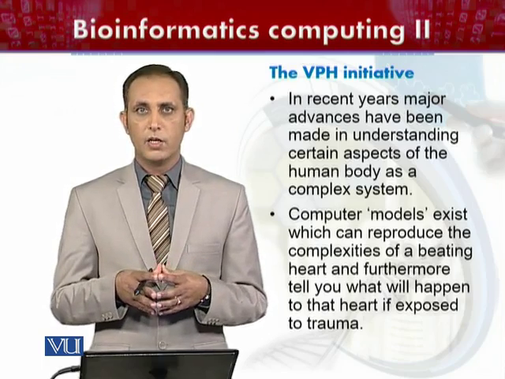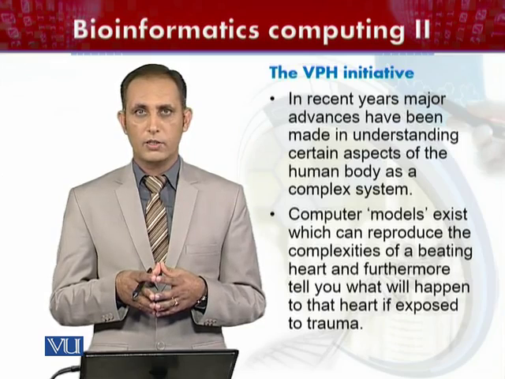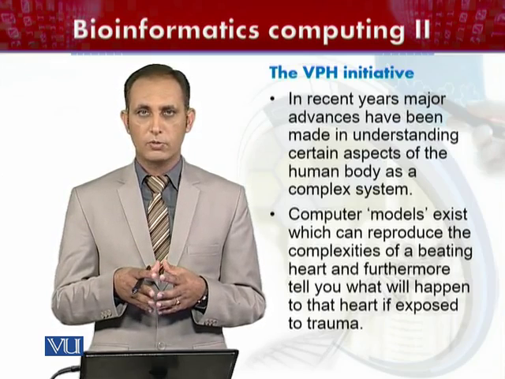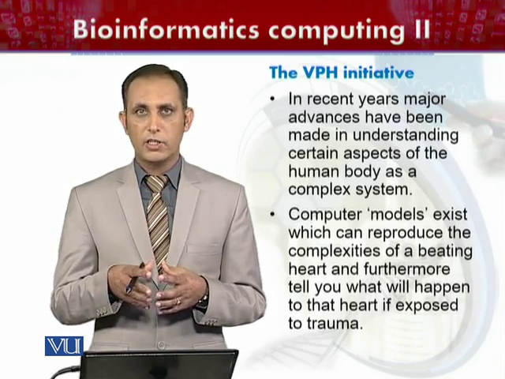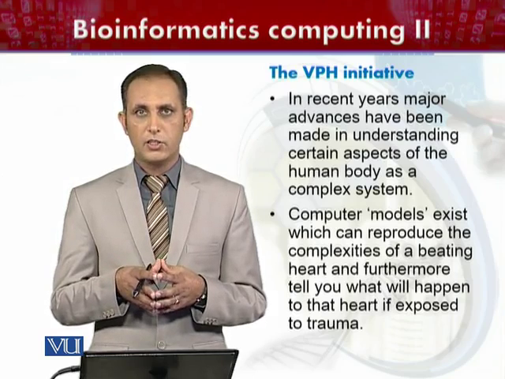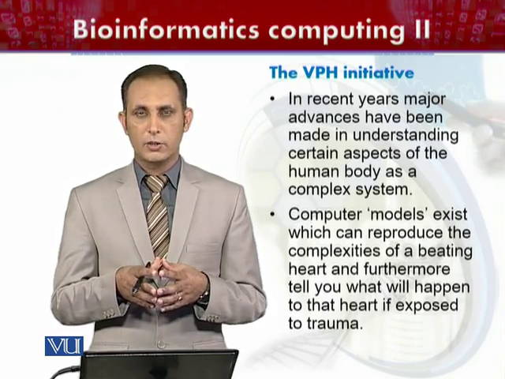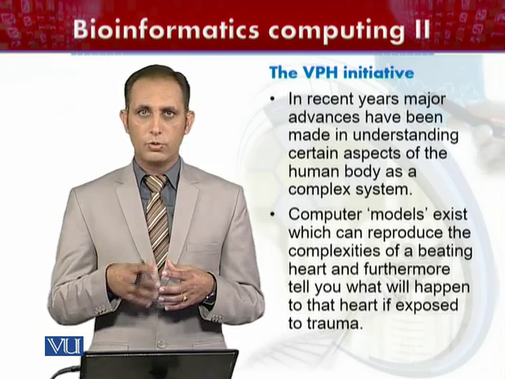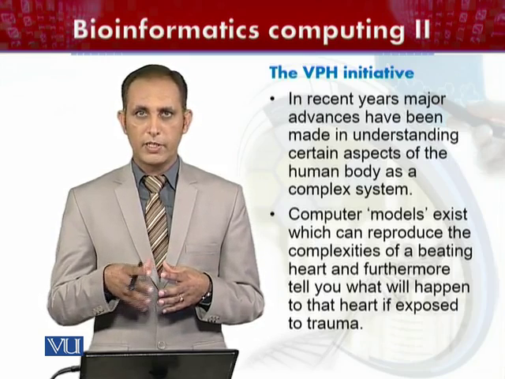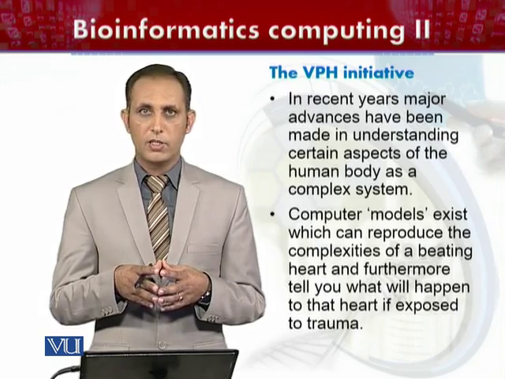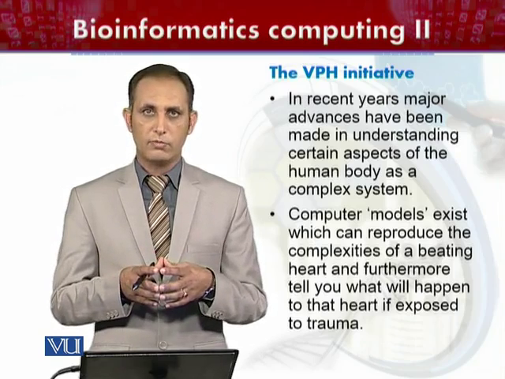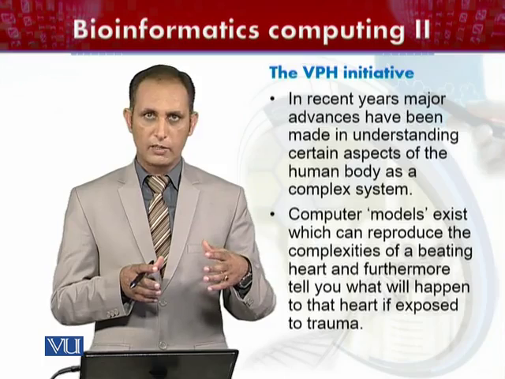For example, very good models are available for the heart, cardiovascular models are available, and one can simulate a specific condition through those models to predict what will be the consequences of that specific condition on that specific organ, for example the heart.